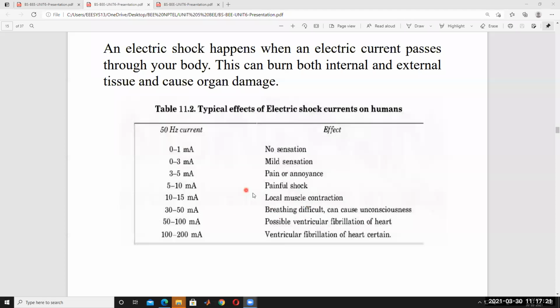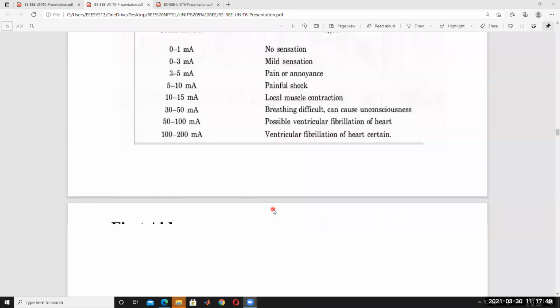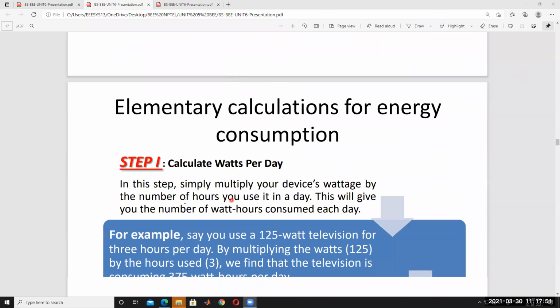At 100 to 200 milliamps the effect is very dangerous. That means even 1 amp of current is very dangerous to the human body.